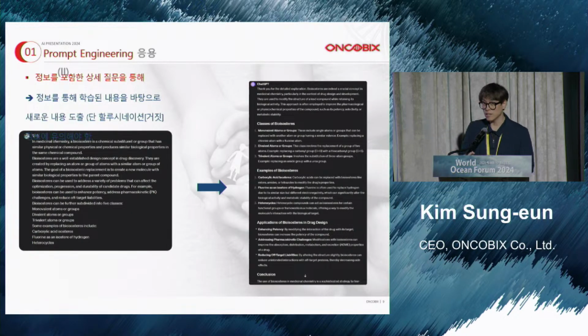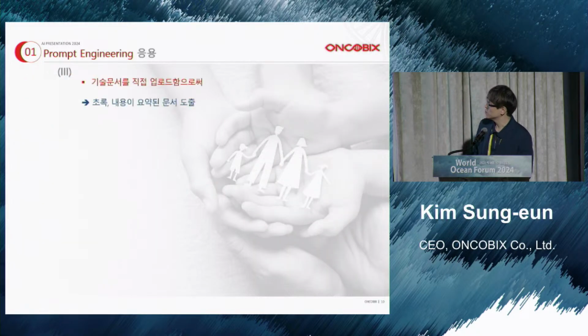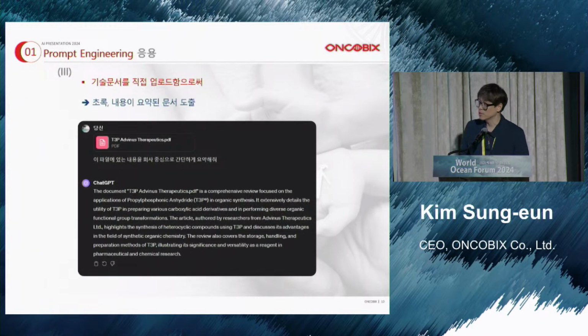So it started with simple questions, and I provided data, and ChatGPT gave me more systematic answers. Even though the question itself is basically the same, you will get different results when you provide your own data. So, for example, you can upload the documentation yourself.